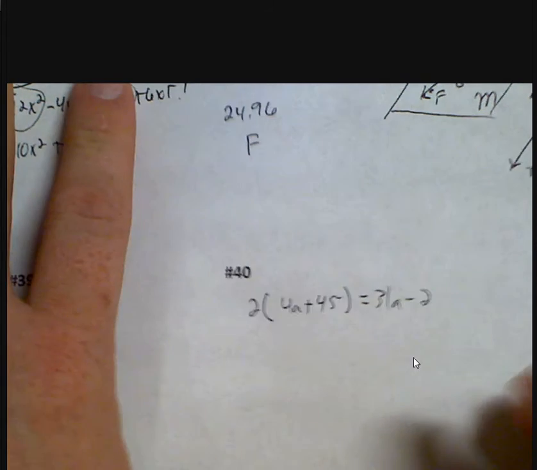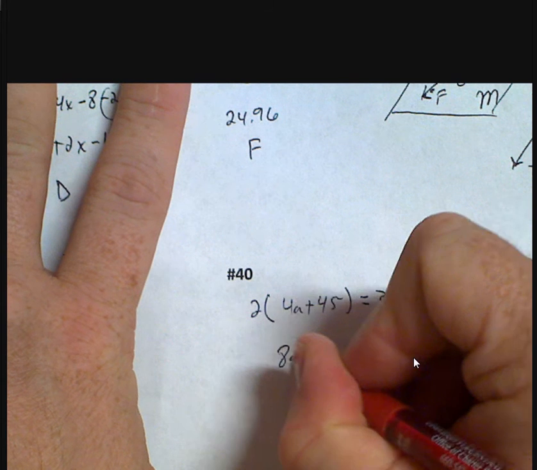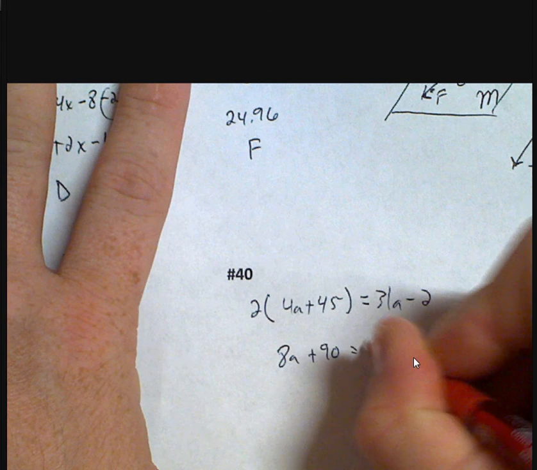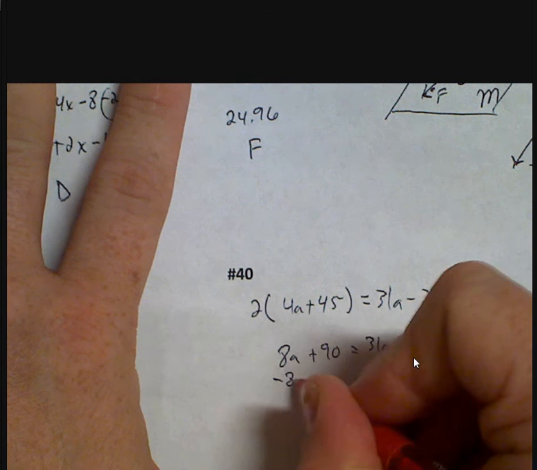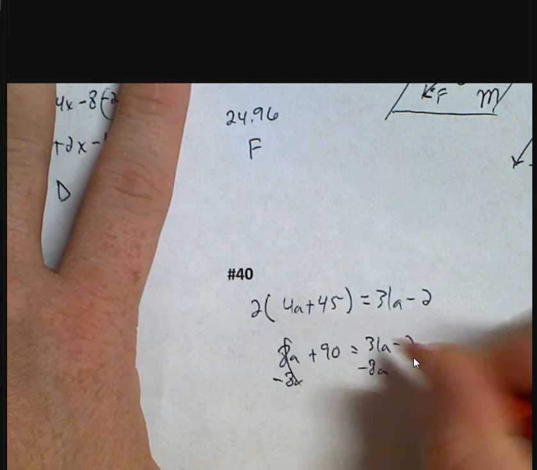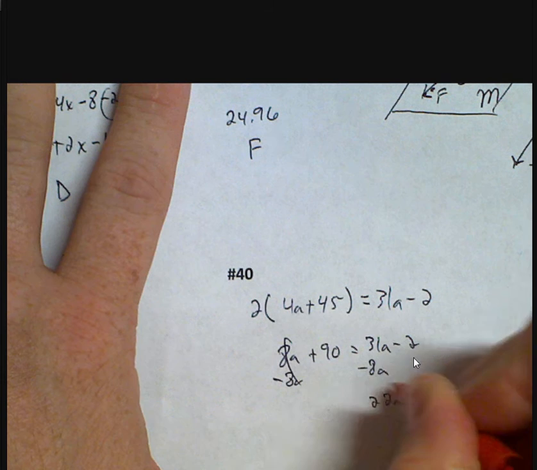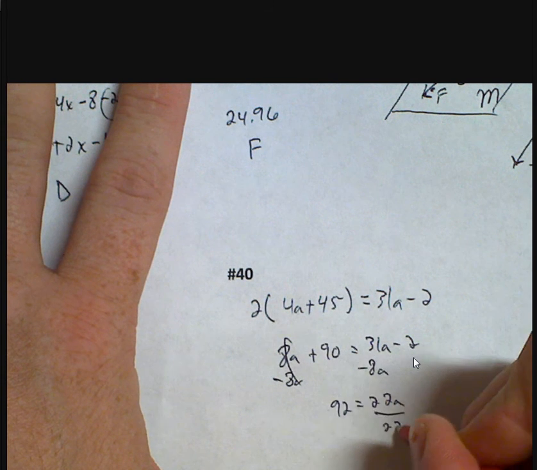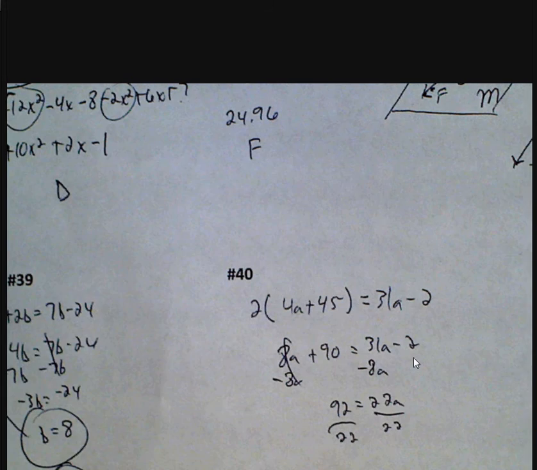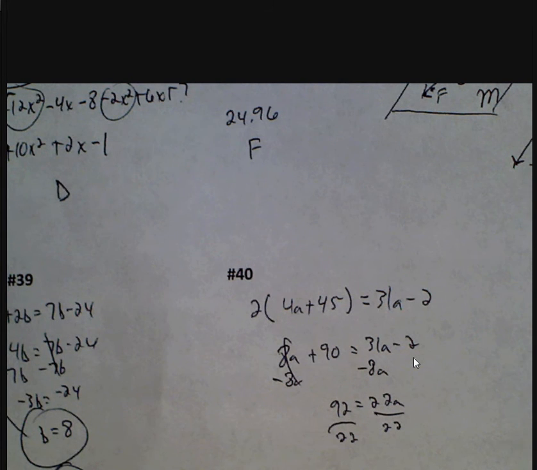So this would be 8A plus 90 equals 31A minus 2. Subtract 8A from both sides, that leaves me with 22A. Add the 2 to both sides, that gives me 92. Divide by 22.